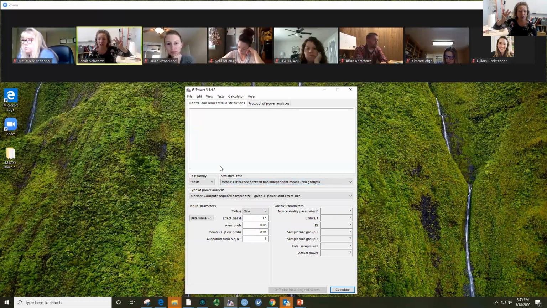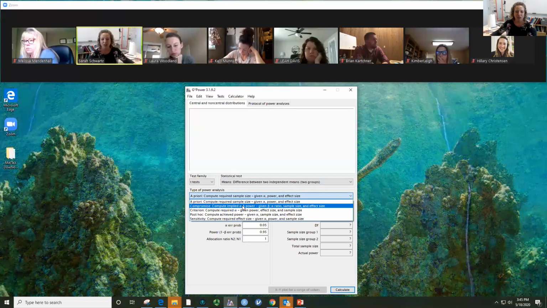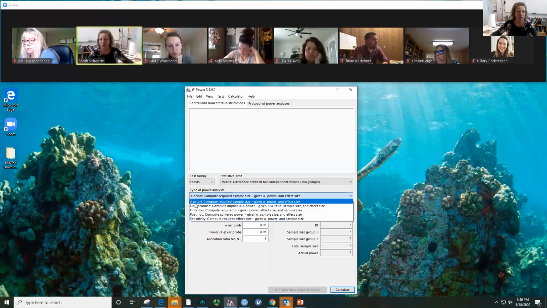Okay, so there are the three drop downs. We did test family and statistical test. Now we have to do type of power. I said there are all those ingredients in a power analysis, and as long as you plug in all but one element, you can solve for the one missing variable. So each of these five options is solving for a different ingredient in the power analysis.